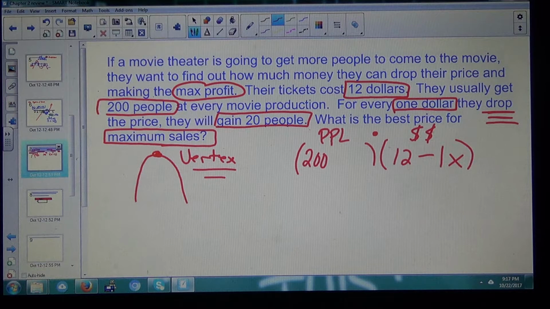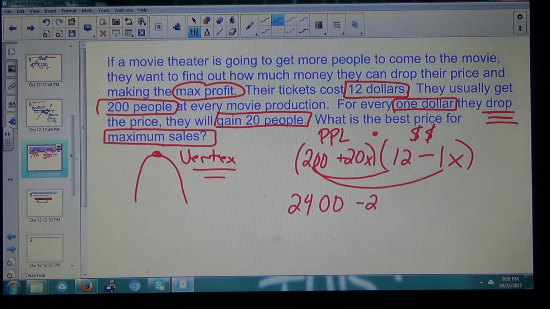How do you do gaining of 20 people? Plus 20. Again, do I know how many gains of that there are going to be? No, so I'm going to put an x. What do I do first here before I got an equation? Yep, let's FOIL. So if I'm going to FOIL here, 200 times 12 would be 24 with 2 zeros. First, outer, so that's 200x.